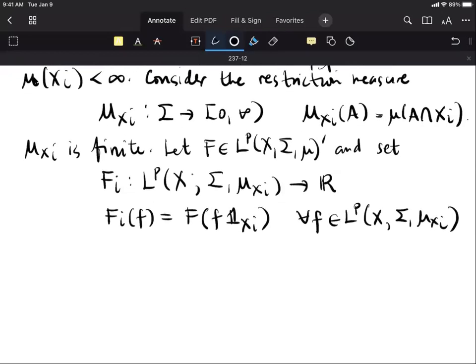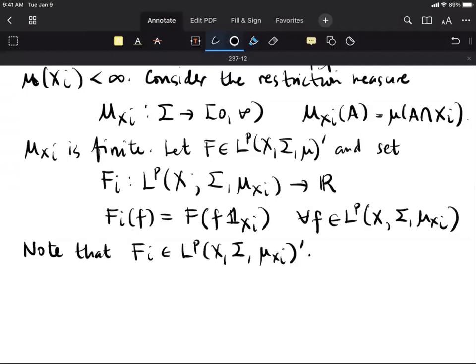So from this, you can easily show that this is indeed in the dual space, using the fact that F is also in the dual of LP.